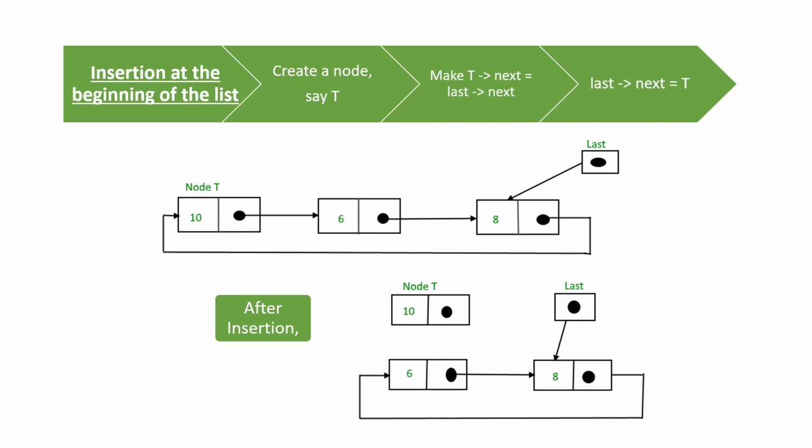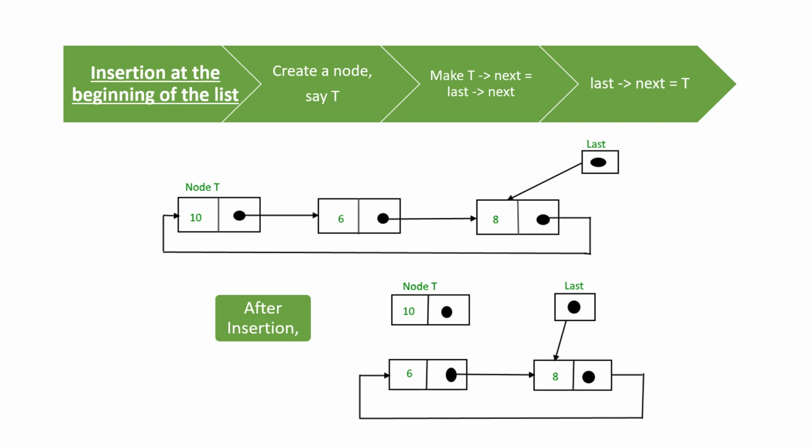Kindly follow that. And now to insert at the beginning of the list, we follow these steps. Create a node, say T, and make the next pointer of the T node the last node's next node.